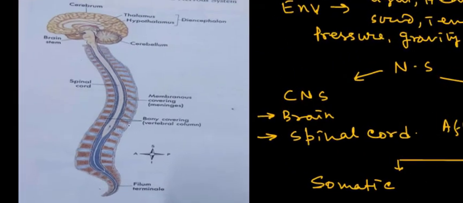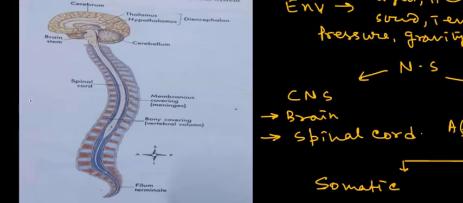The afferent nervous system constitutes those neurons which carry the information from our receptor towards the central nervous system, right? So these are the receptors, and the receptors take the stimuli from the external environment and convey this information towards the central nervous system.